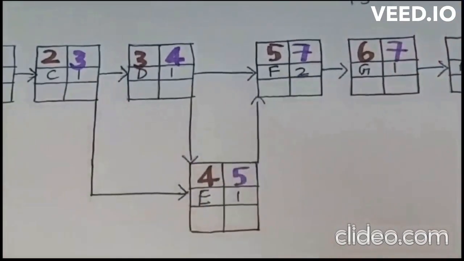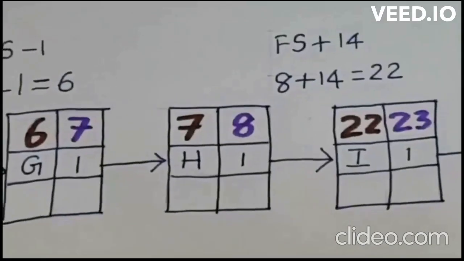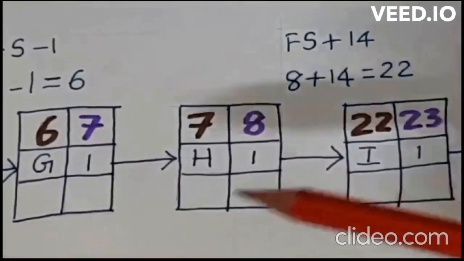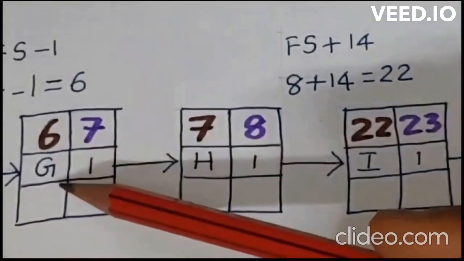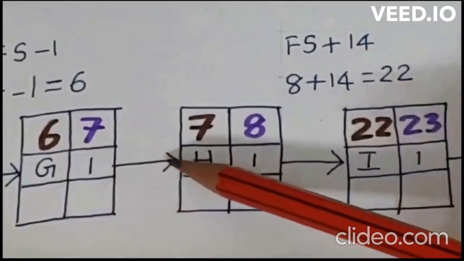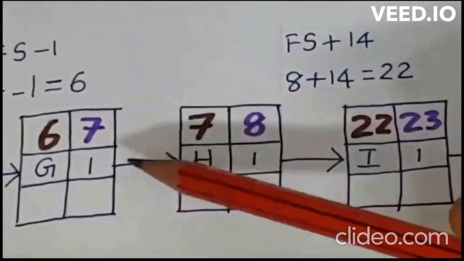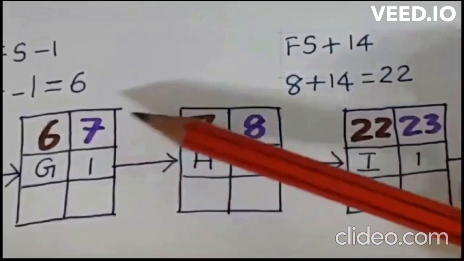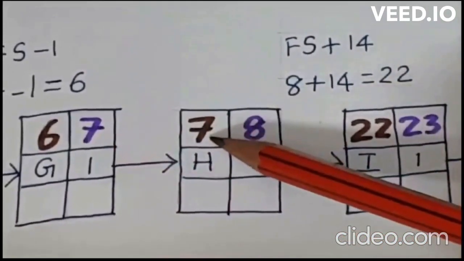Okay, stop here. Now we will see how to calculate the earliest start and earliest finish times for activities H and I. Coming to H, the predecessor is G and the relationship is finish to start. So the earliest finish time of activity G will be taken as the earliest start time for activity H, right?